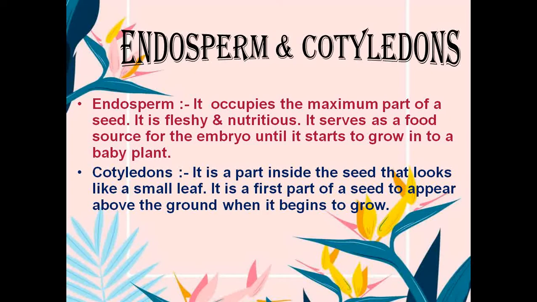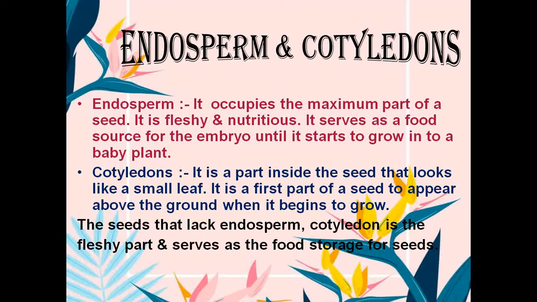Coming to cotyledons, it is a part inside the seed that looks like a small leaf. It is the first part of a seed to appear above the ground when it begins to grow. As we have discussed earlier also, the tiny leaves that grow above the ground are known as cotyledons, children.